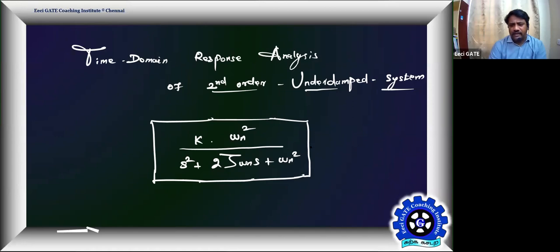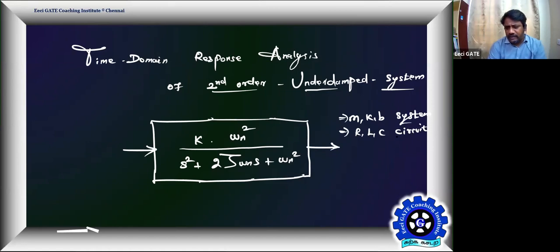Examples were already given, mechanical as well as electrical. A mass spring damper MKB system, a mechanical translational system, will resemble a second order system, or a simple RLC circuit also will resemble it. The RLC series circuit, or a parallel circuit also, but what I have given is only the RLC series circuit. If it is an MKB system, the input is force and the output is the displacement of the mass.